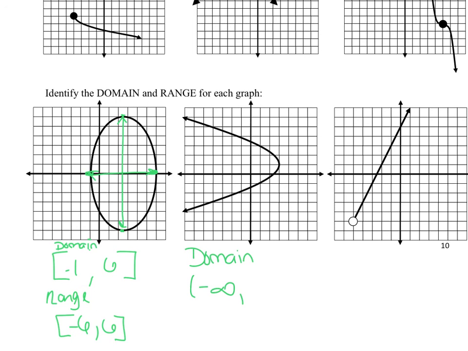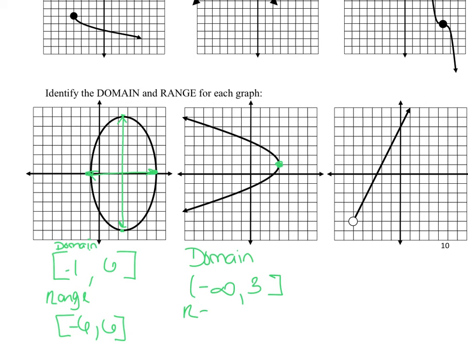That's why I'm using parentheses, because you can't contain infinity. Remember, the parenthesis is when you can't contain something. And then my last point here has a bracket because it's an actual point. Whenever you have an actual point and you're writing the domain, it's a bracket. It's going to be 1, 2, 3, so that'll be 3. That's your furthest right x value.